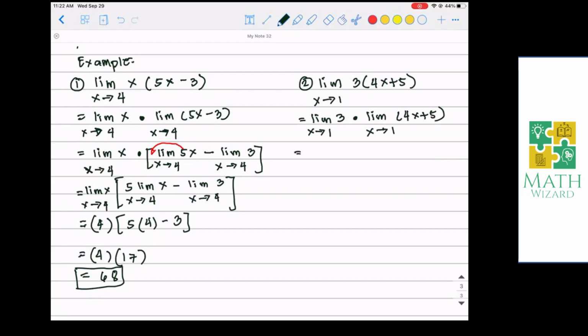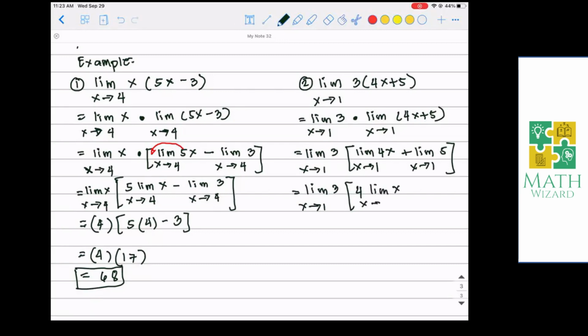So we copy ko lang muna the limit of 3 as x approaches to 1, multiply to the limit of 4x, separate ko, as x approaches to 1, plus the limit of 5, ayan, thank you sa mga nag-post ng sagot nila, limit of 5 as x approaches to 1.